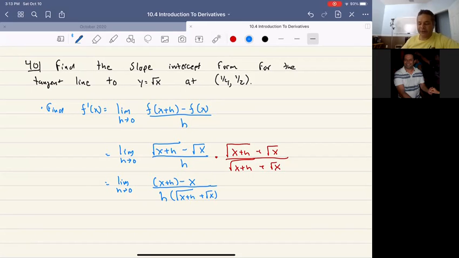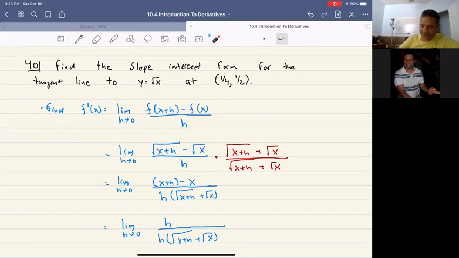Okay. Now this x cancels. Okay, you got to look for that cancellation. h over h times the square root of x plus h plus square root of x. Now, this h is already factored out, so we can cancel it.